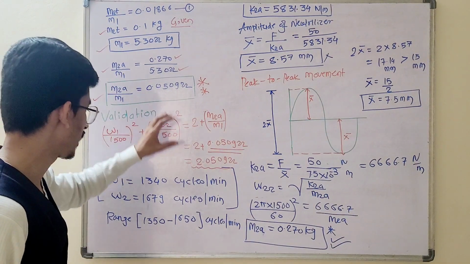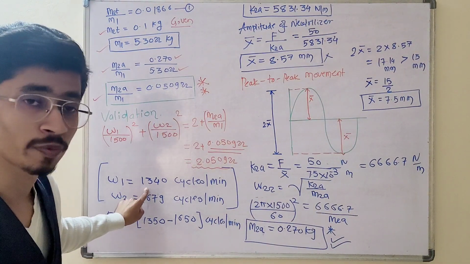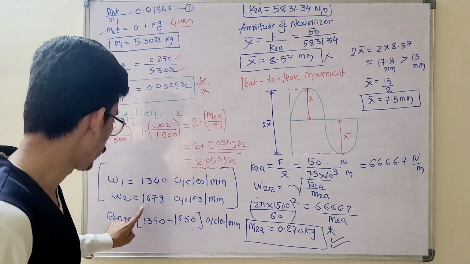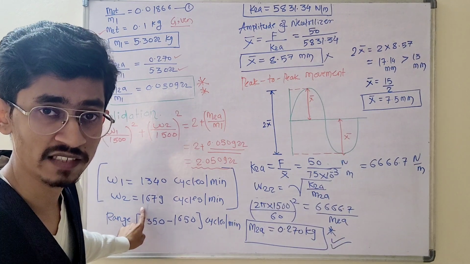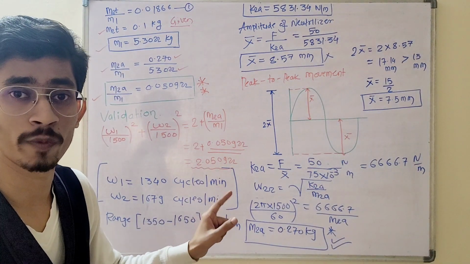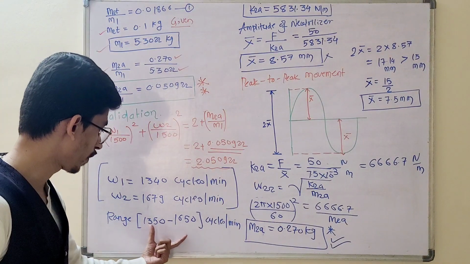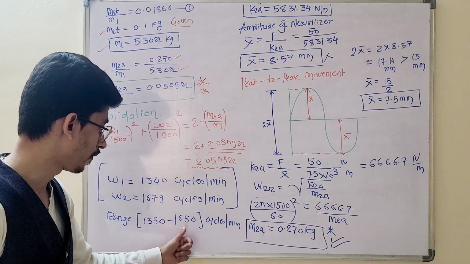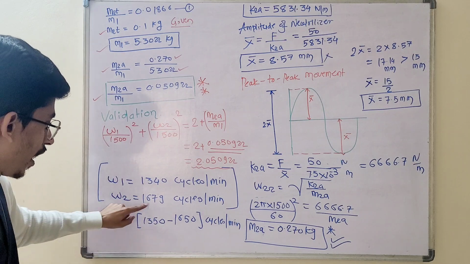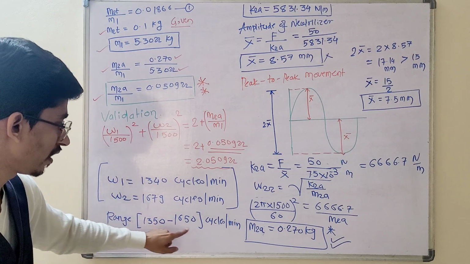After simplification you will get the newly obtained frequency omega 1 as 1340 cycles per minute and omega 2 as 1679 cycles per minute, which lie outside the frequency domain range. The frequency domain range is given as 1350 to 1650. So look, 1340 lies outside the range and 1679 again lies outside the range.